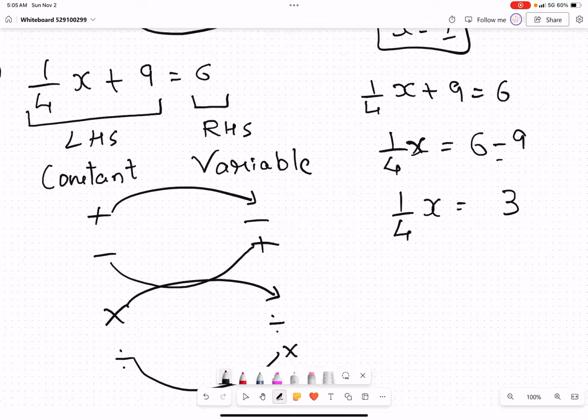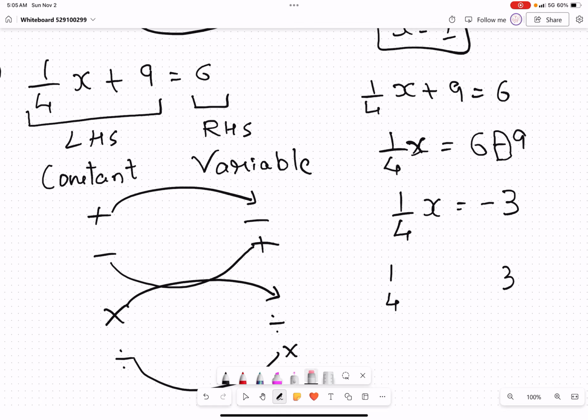Since minus sign is on 9, it becomes minus 3. Now look at this. 1 by 4x is nothing but 1 by 4 into x. What I'm writing: 1 by 4 into x equals minus 3. Now there is a multiplication, right?